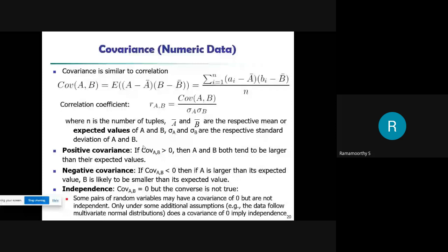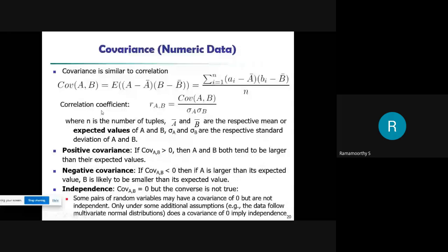So if the correlation coefficient is greater than 0, then A and B both tend to be larger than their expected values. If it is a negative covariance, the coefficient value is less than 0, then A is larger than its expected value, and B is likely to be smaller than its expected value.